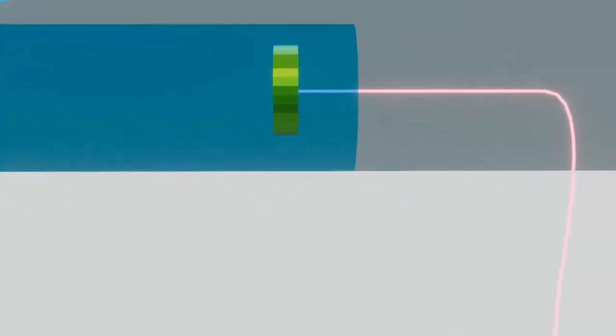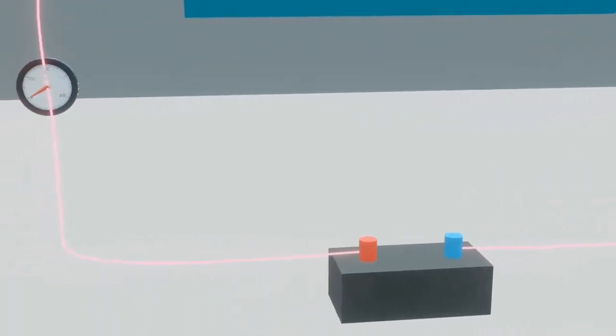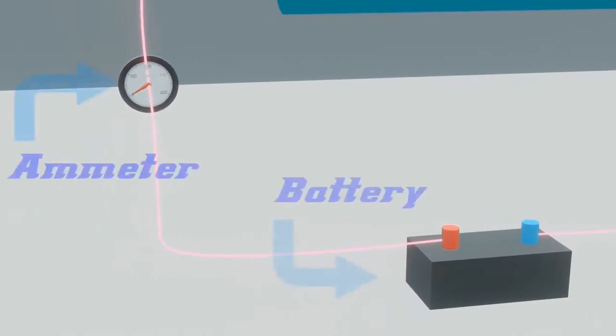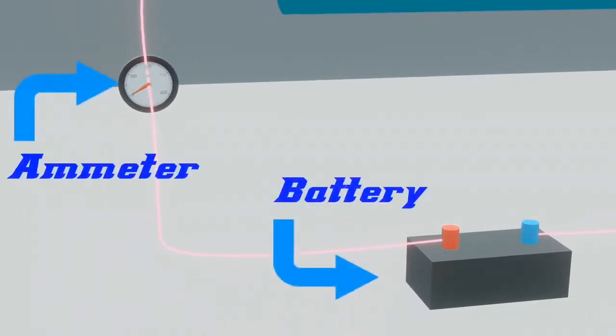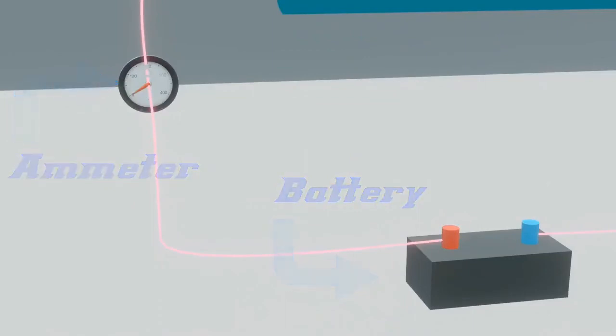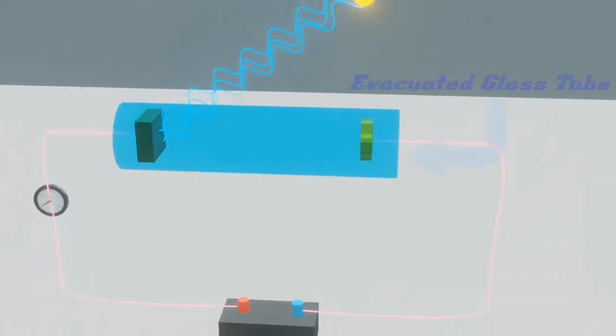Now this detector in turn is connected to the battery, and the battery is connected to the ammeter. We need an ammeter in order to determine whether there is a current flowing through the circuit or not. Now note, in order for current to flow through the circuit, we need a complete circuit.